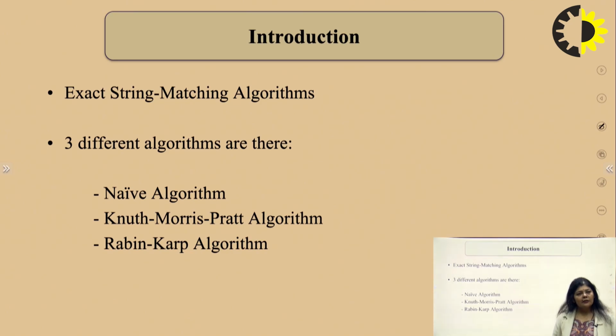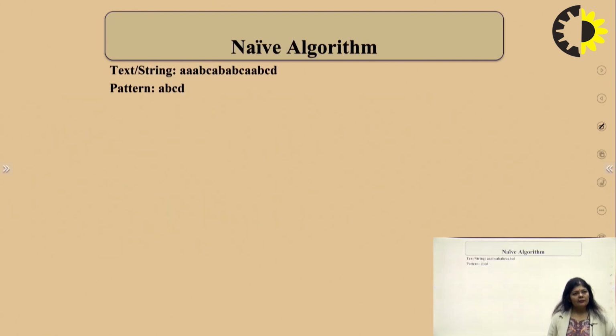The first algorithm is the most fundamental and the simplest one, which is called the naive algorithm. The second algorithm is called the KMP algorithm, the Knuth-Morris-Pratt algorithm, and in short it is called the KMP algorithm. The third algorithm is called the Rabin-Karp algorithm. For today's lecture, I'm going to discuss the working of the naive algorithm.